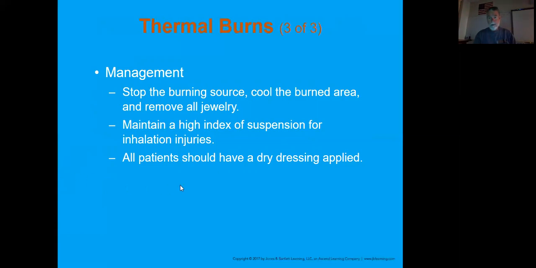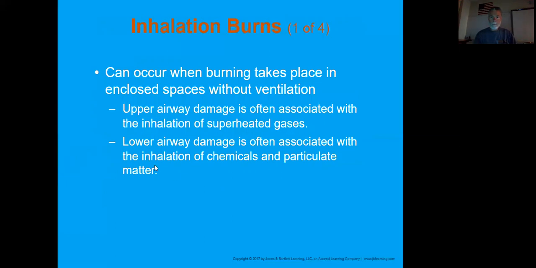But dry dressings applied to the areas that are actually burned. Inhalation burns, enclosed space without ventilation. Again, even a barbecue when they're outside and that thing goes up, it can happen that way as well. But your upper airway damage, inhalation of these superheated gases, lower airway damage associated with the inhalation of chemicals.